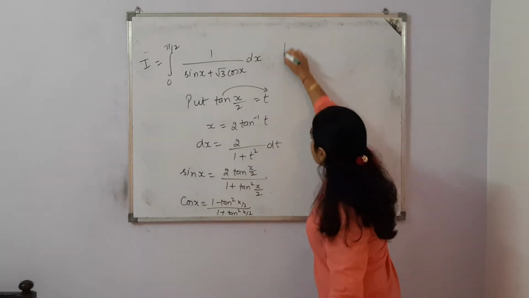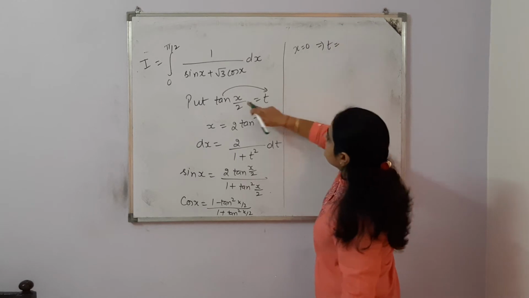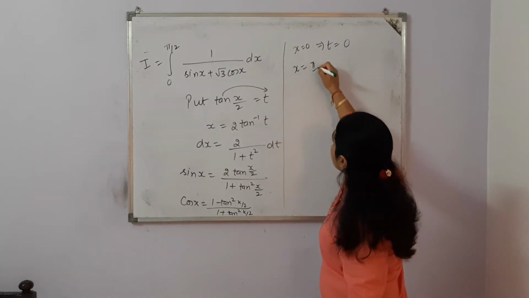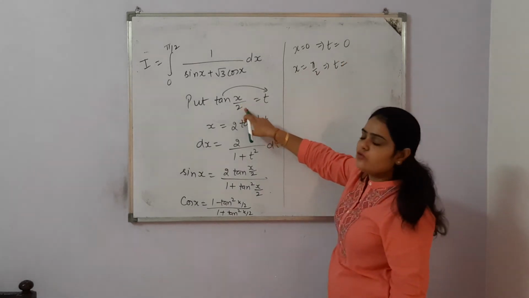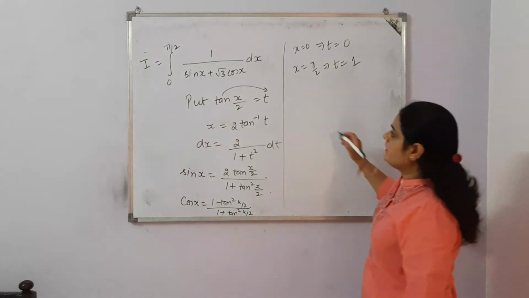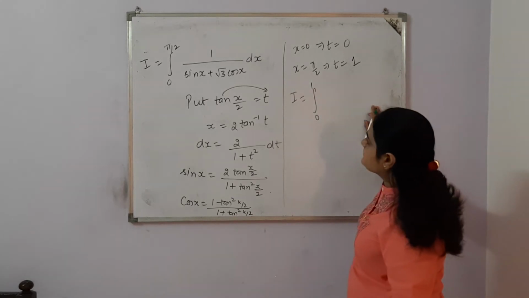If x is 0, then t is tan 0, so t is also 0. If x is pi by 2, then pi by 2 upon 2 is pi by 4, and tan pi by 4 is 1, so t is equals to 1. So the limits are 0 to 1.